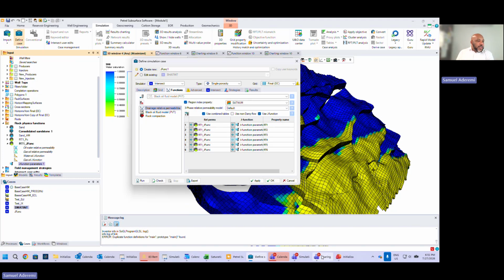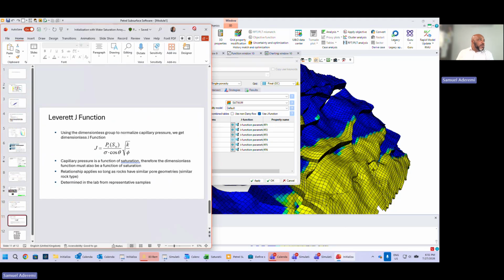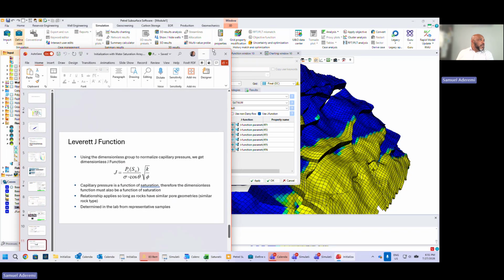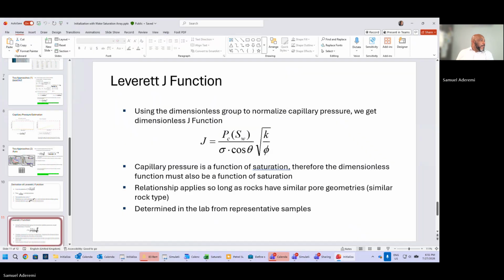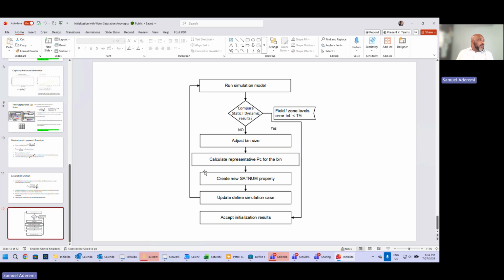Once you compute this, the last thing that you will need to check is to validate your volume in place. You need to compare the static and the dynamic volume.